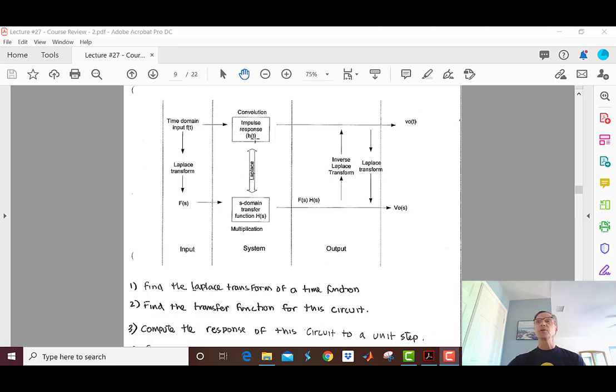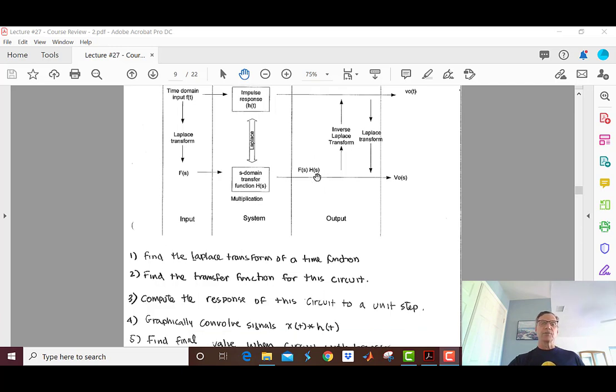And just to remind you one more time of why that's true, the Laplace transform of an impulse is simply 1. So when I multiply it by the S-domain transfer function, I just get the S-domain transfer function. So if I take the inverse Laplace transform of the S-domain transfer function, I get the impulse response.